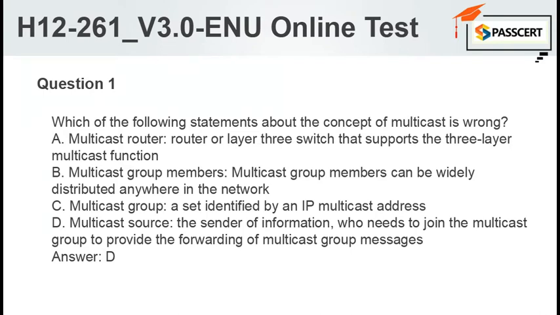C. Multicast group. A set identified by an IP multicast address. D. Multicast source. The sender of information, who needs to join the multicast group to provide the forwarding of multicast group messages. Answer. D.